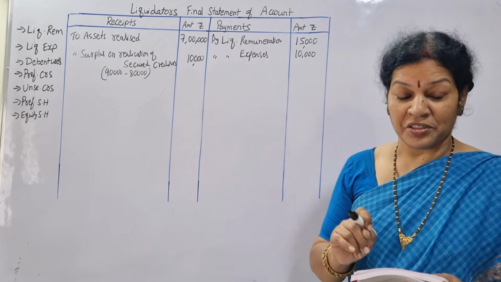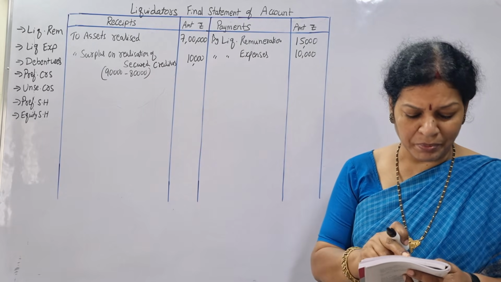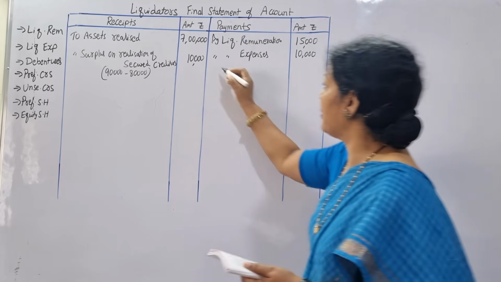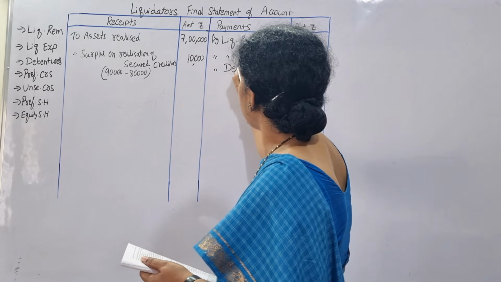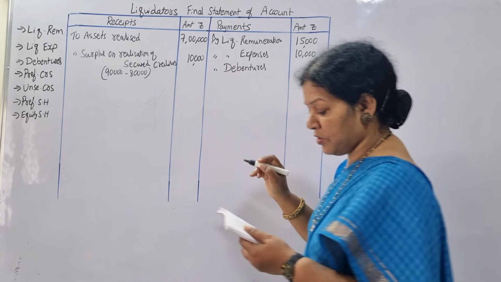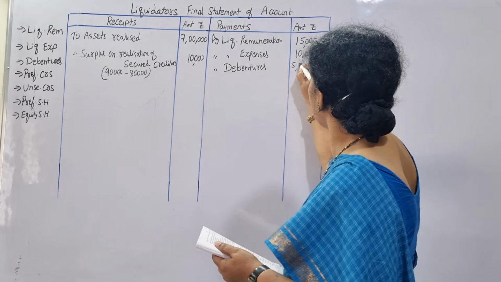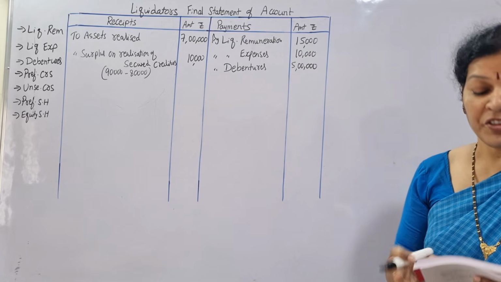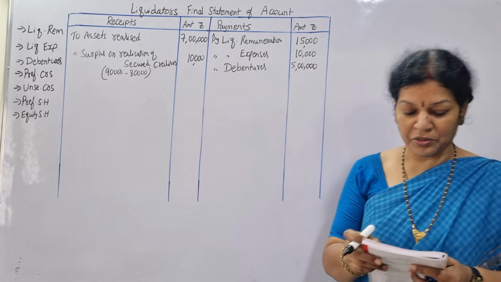After that, debentures. If debentures are not given, we can ignore them, but here debentures are given. Debentures are 5 lakh. By debentures, 5 lakh. After debentures, preferential creditors. Preferential creditors are also given.